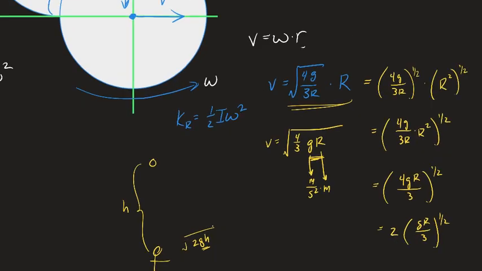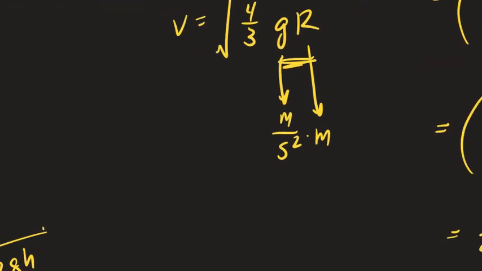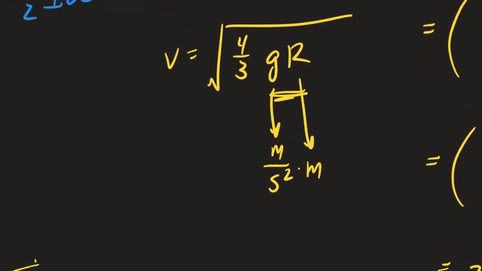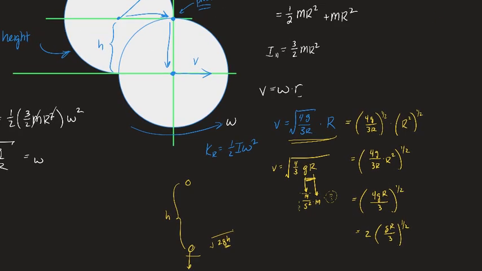Well, I'm looking for a velocity. Inside there, I've got meters squared per second squared under the radical, so that suggests this would actually be meters per second. That's suggestive that I have my algebra correct. So those are just little things as to why.